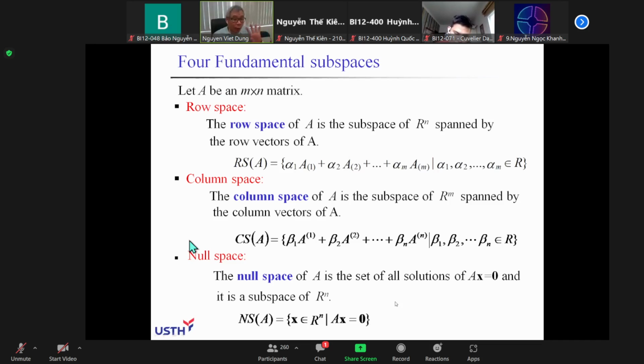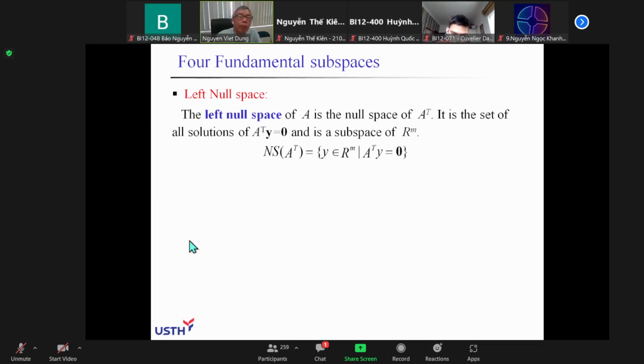And the last, now we have three subspaces. The last one is the fourth one, that is something similar to the null space. We call it the left null space. The left null space of A is exactly the null space of A transpose. It means first we take the transpose of A and then we consider the homogeneous system of linear equations A^T multiplied by Y equals 0.